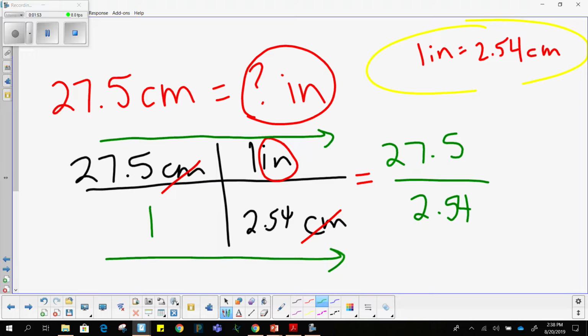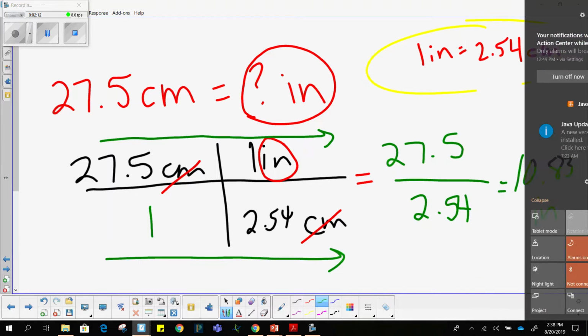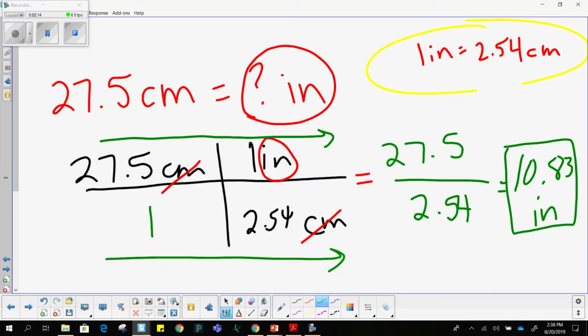So 27.5 divided by 2.54 in order to get our answer. So let's see what that is real quick. 27.5 divided by 2.54 gives us 10.83 inches. I'm putting inches because that is the unit that we were going to. Now we haven't even gotten into significant figures yet.